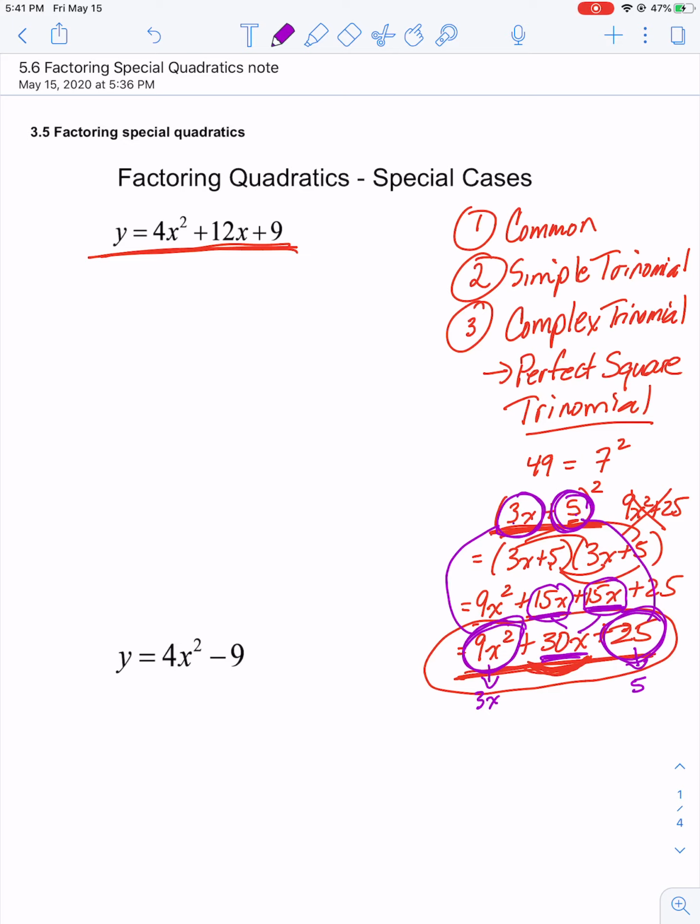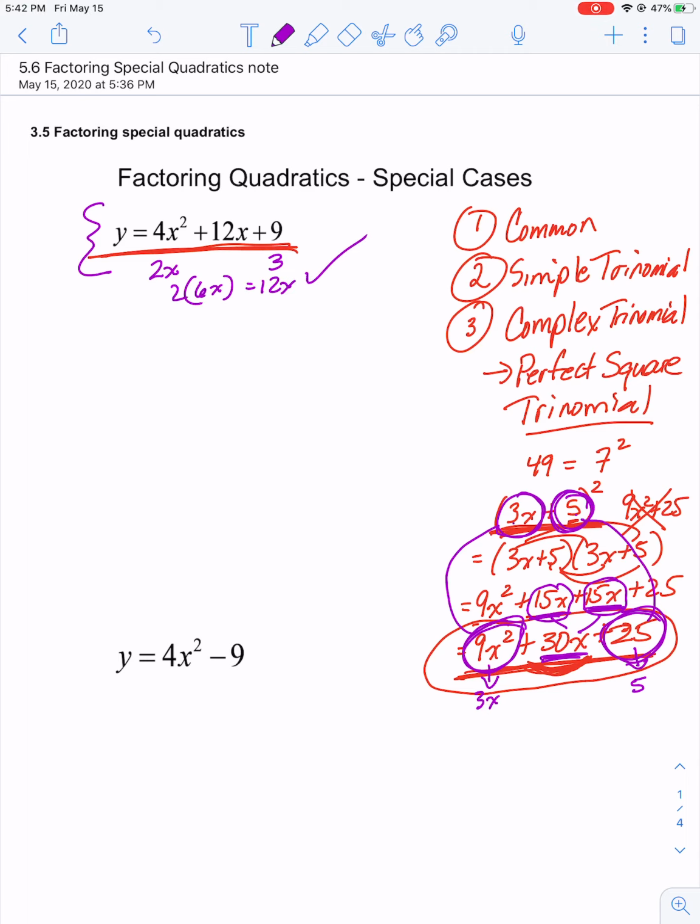So if I go back to this question here, the 4x squared plus 12x plus 9, what's the square root of 4x squared? Yes, you're right, it's 2x. What's the square root of 9? You're right, it's 3. What's 2x times 3? You're right, that's 6x. Double it equals 12x.